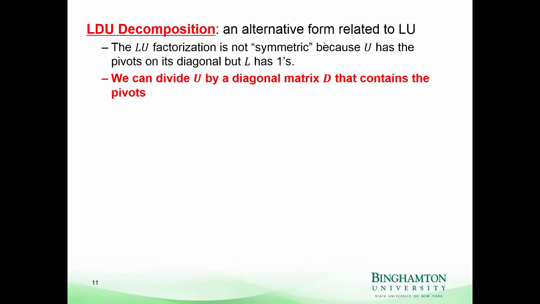But here's what we can do. If we take that U matrix that has in general non-unity values down its diagonal, we can just divide each row of U by the first non-zero element in it. That's equivalent to basically factoring out a diagonal matrix that contains the pivots.